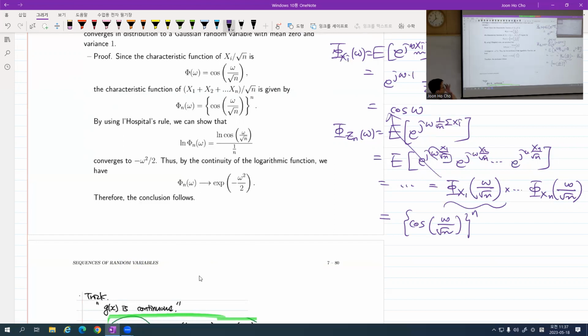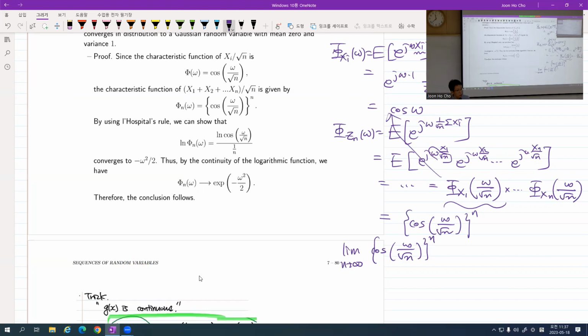Now, what do we do? We take the limit of that sequence of characteristic functions. We compute the limit of cosine of omega divided by square root of n, raised to the power of n. How can you compute the limit of that function?